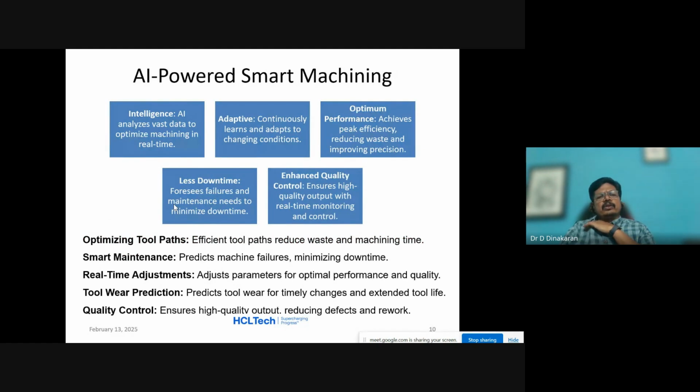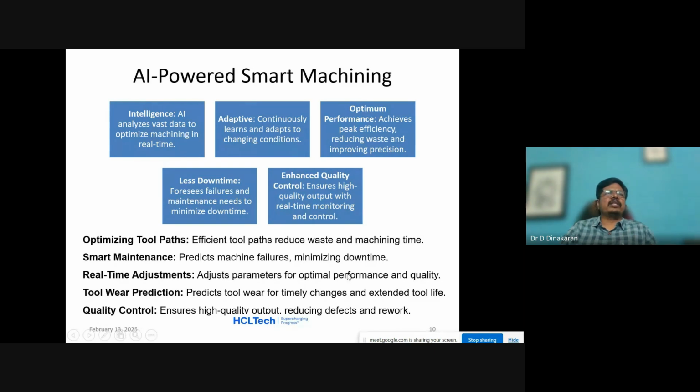Before going to this, in machining, how can I use AI? I can use AI for optimizing the tool path, thereby reducing the programming time and the machining time. I can do smart maintenance, predict failures, and make real-time adjustments of parameters.